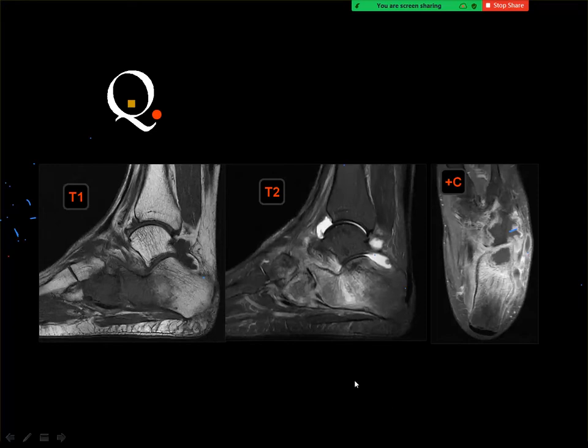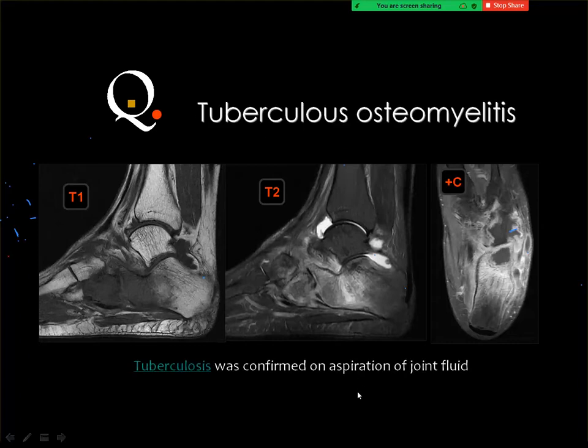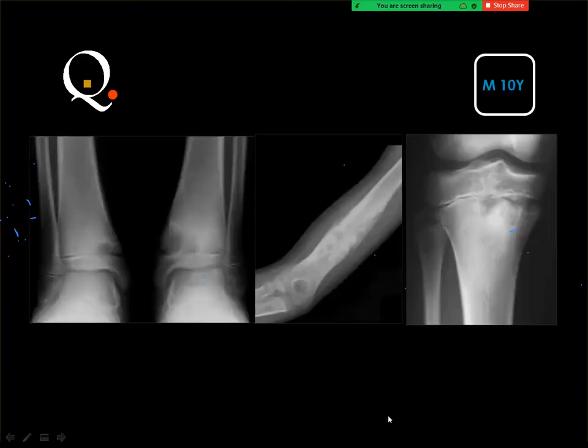All these features are impressive of osteomyelitis together with septic arthritis, and this patient was proved to be tuberculous osteomyelitis as confirmed by aspiration of the joint fluid. Next case.